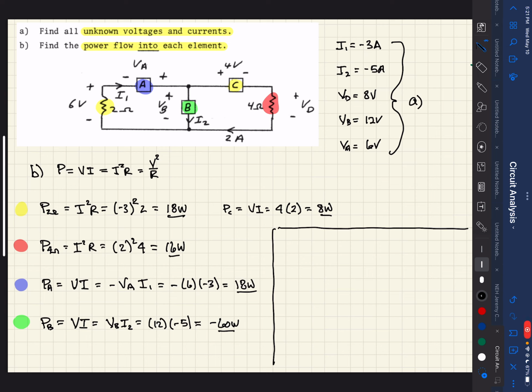In this case, we've got the 18 watts, and we've got the 16 watts, and then we've got another 18 watts, and then we have a minus 60 watts, and then we have an 8 watts. When we add all this up, you plug it in the calculator, we do in fact get 0. So the energy was conserved, and this checks out.